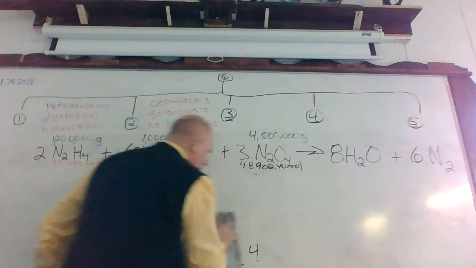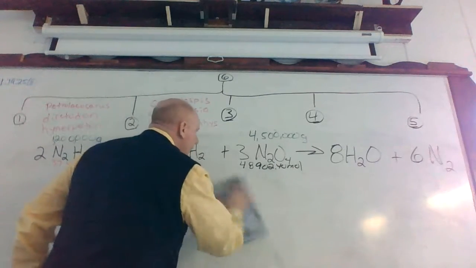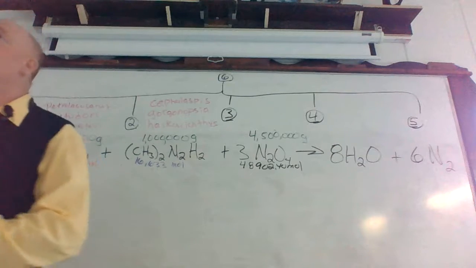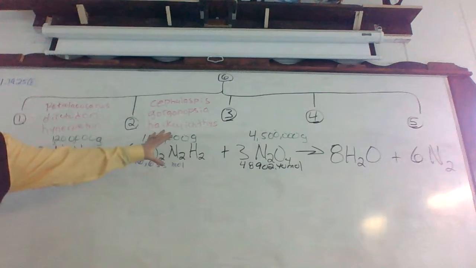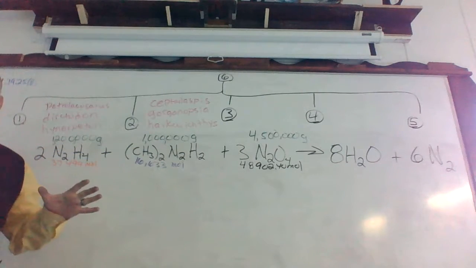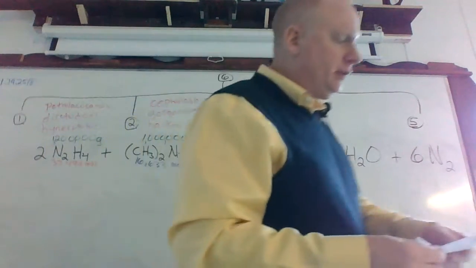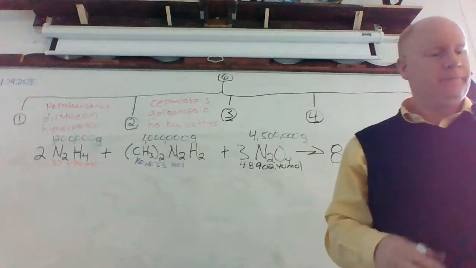So now what you can do is remember, now that we have our three substances here, the clue that we gave is do what? Just take one substance and convert it to moles of another one. That's all you're doing. So if you just want to go in a logical order, there's nothing wrong with that. It's whatever you feel the most comfortable with doing.